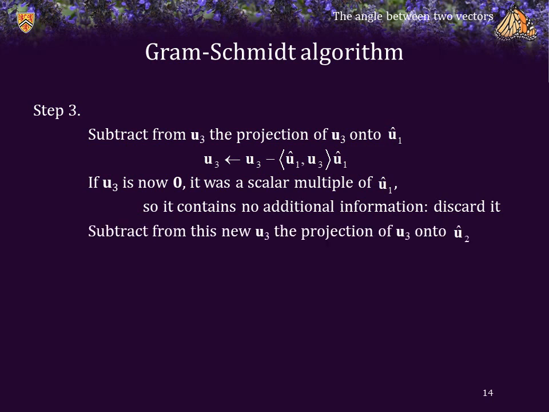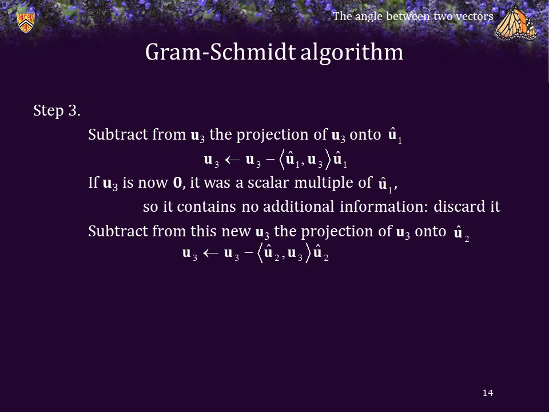Otherwise, subtract from this new u3 the projection of u3 onto u2 cap. So we've removed any information in u3 that's already in vector u1. We are now going to remove from what's left of u3 any information that is also in the vector u2.